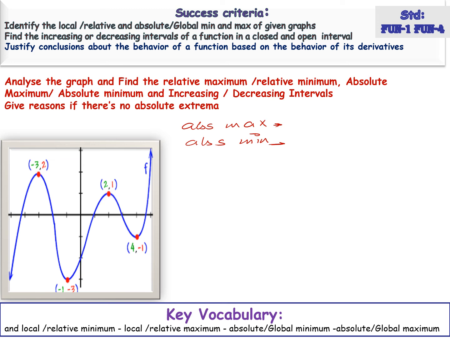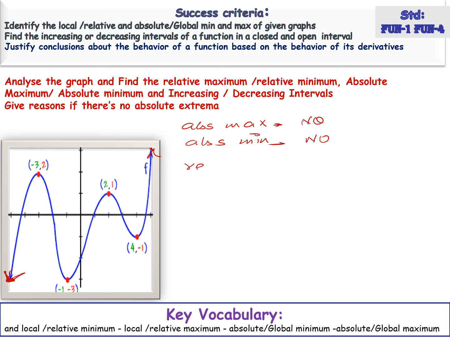Where is the highest point? This is the highest point, but you can see that the interval is open. So there is no absolute maximum. Now where is the lowest point of the graph? Here is the lowest point, but again there is an arrow, which means that the interval is open and it goes towards negative infinity, a very small number. So we don't have any absolute minimum.